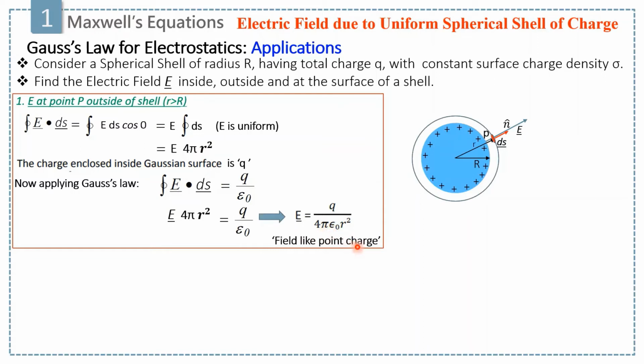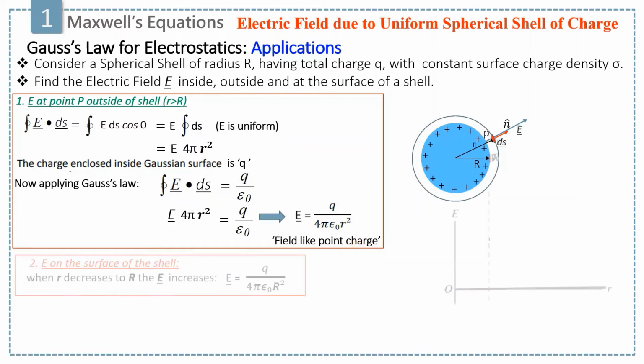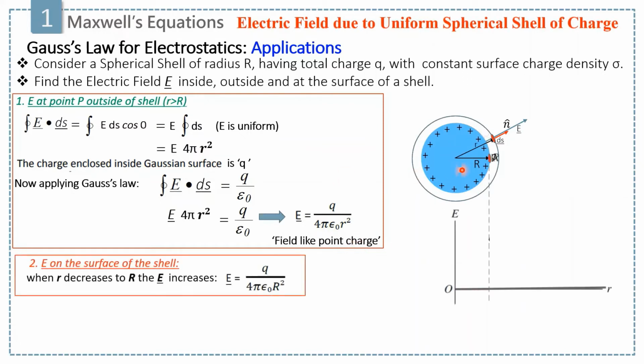Now, in the second case, to find the electric field at the surface of the shell, when we decrease the radius of the outside Gaussian surface up to the surface of the shell, we find that the electric field increases.